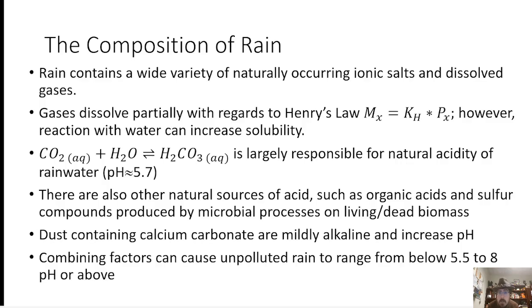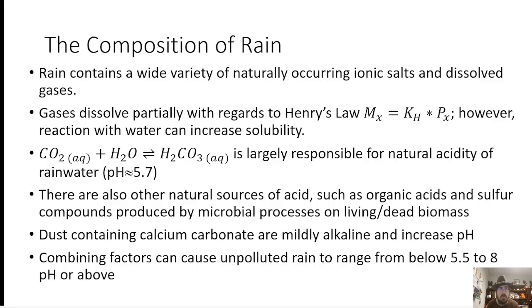The solubility in molarity is equal to a constant, Henry's constant, for that gas times the pressure of that gas. So higher pressure means higher solubility. However, further reactions in water with water will increase solubility.